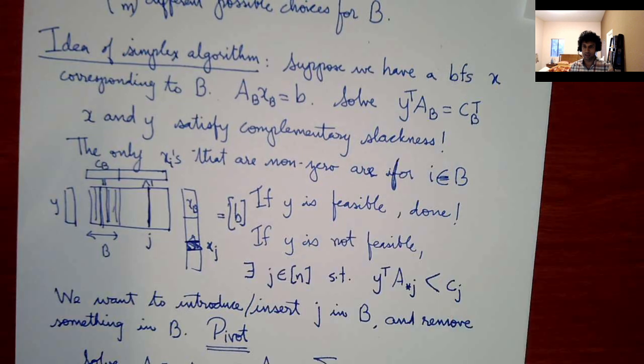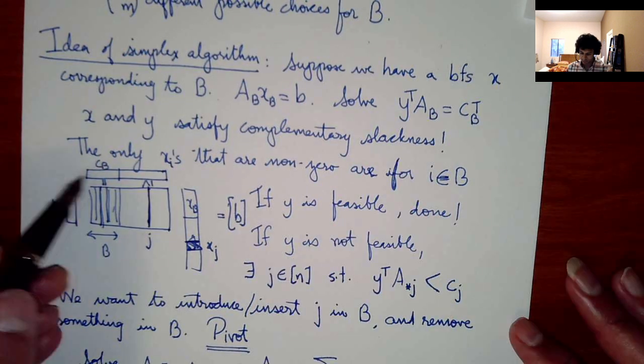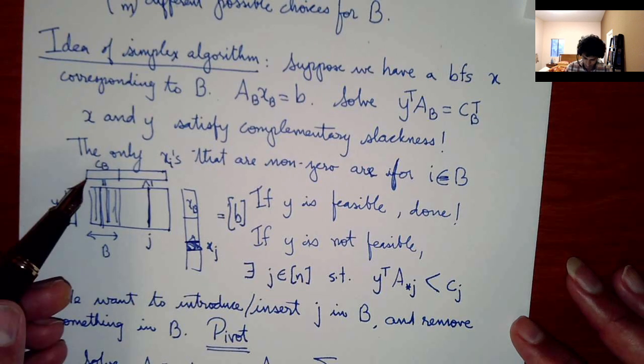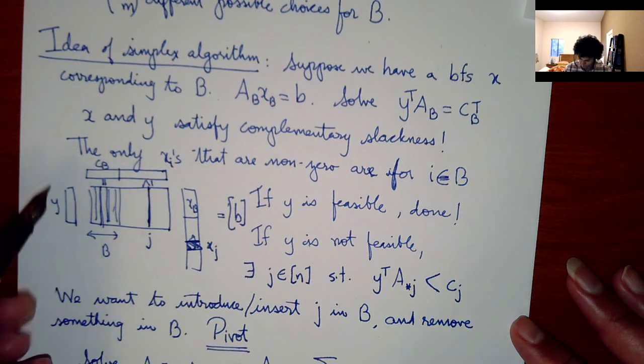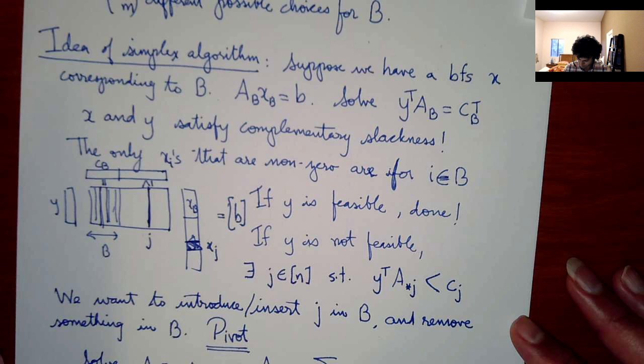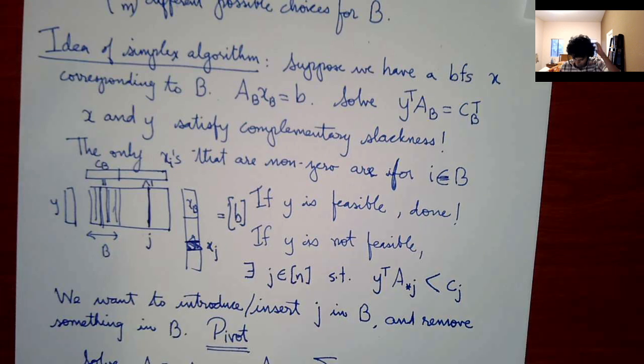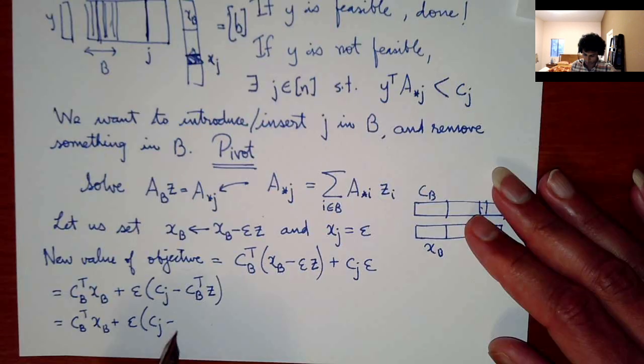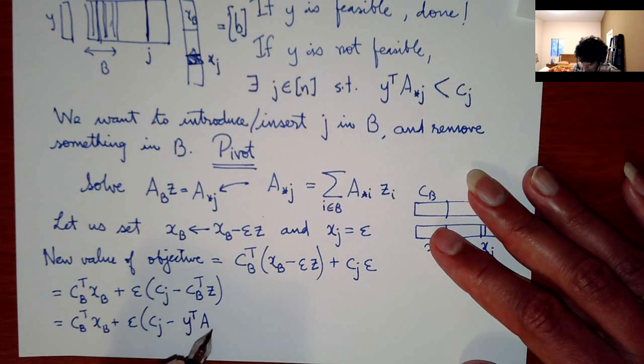So C_B transpose is exactly Y transpose A_B, times z.